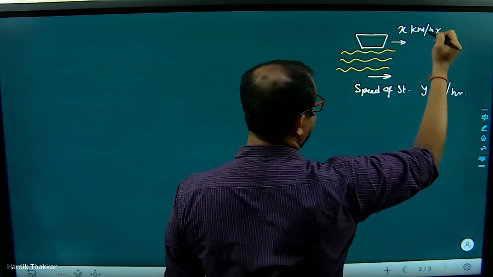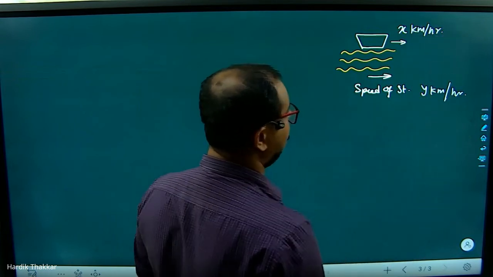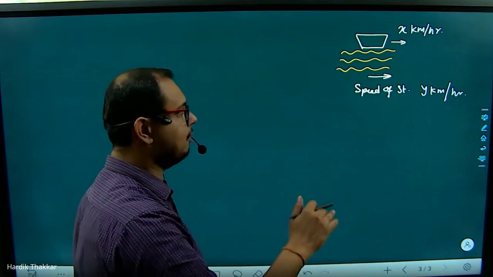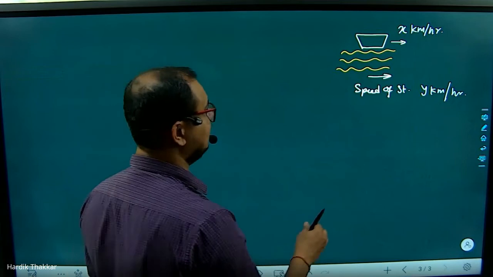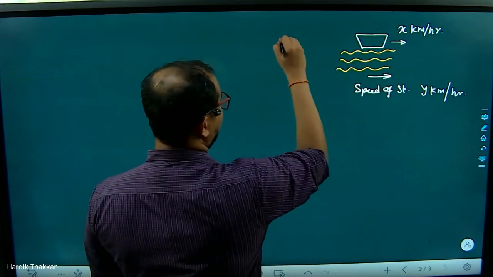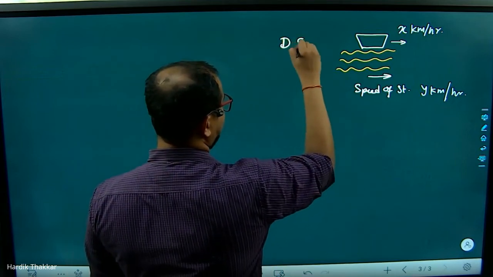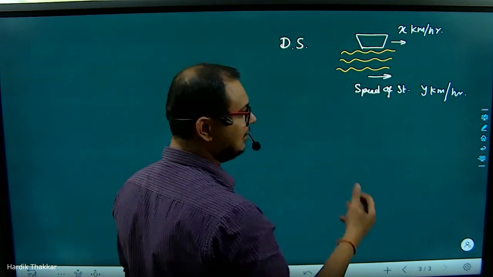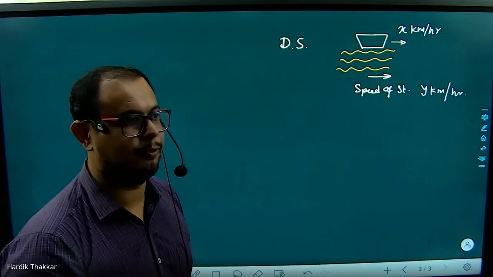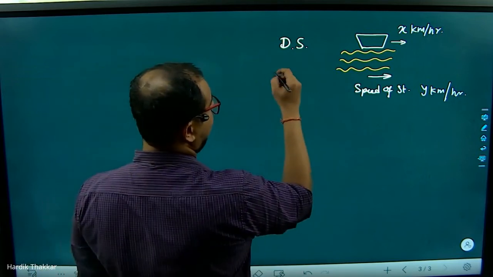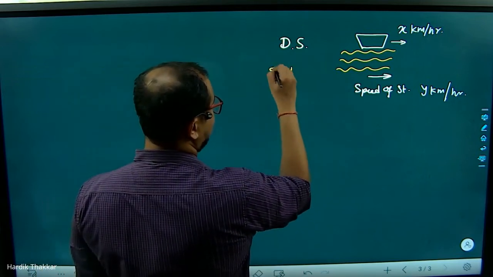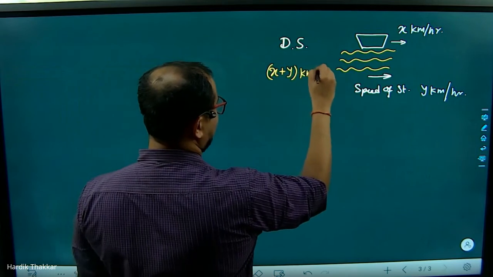So in this case, when the direction of stream and direction of boat are both the same, it is called downstream. And in this case, the effective speed of the boat will be increased, and the net speed of the boat will be x plus y kilometer per hour.